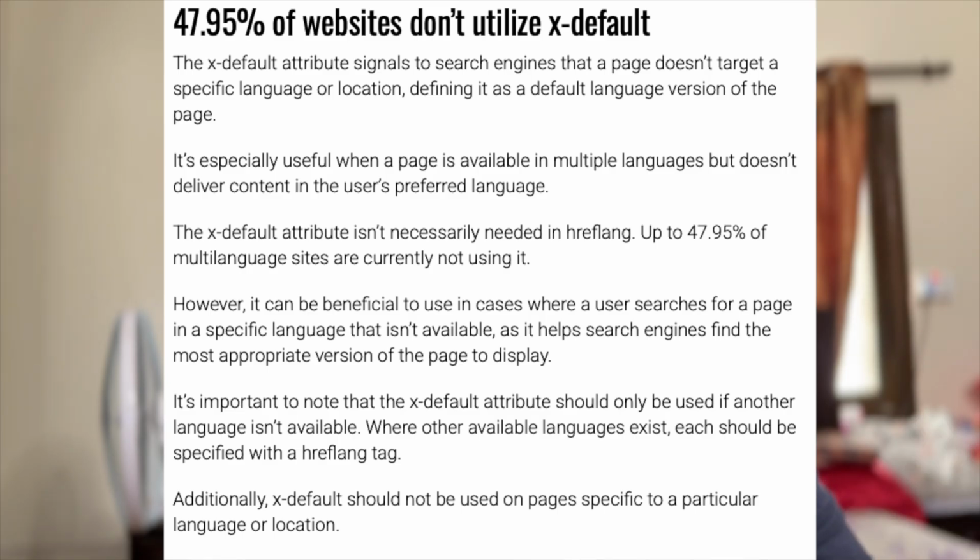The x-default is mainly for when, let's say you have a UK page, a US page, and an Australian page, but the person is visiting from the Philippines and they speak English, but they're not specifically any one of those. So there would be a default page that shows up. For the people from the Philippines, it can be the UK page, the US page, or the Australian page, depending on what you choose.